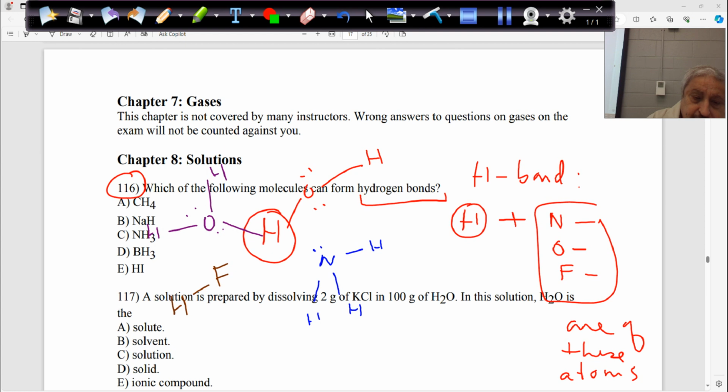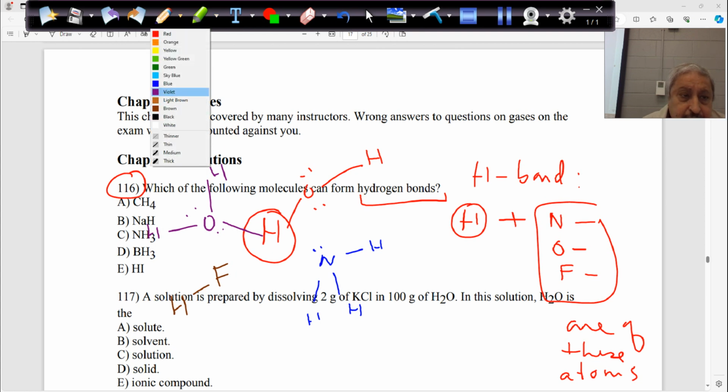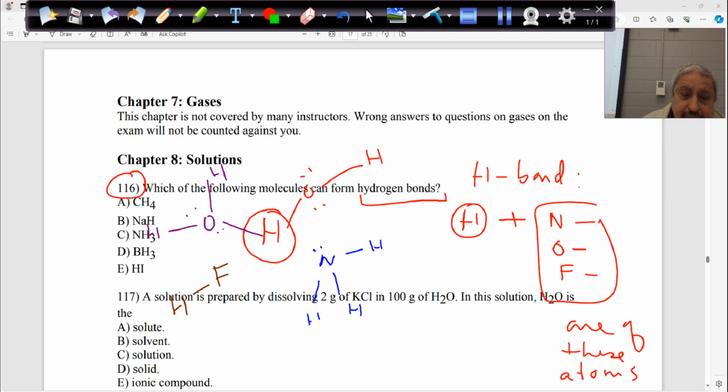So this one connects to this, and this one here connects to this, but one at a time, just one at a time. Anytime I have a combination of hydrogen with one of those atoms here, then I have a hydrogen bond, correct? I have what? I have a hydrogen bond.